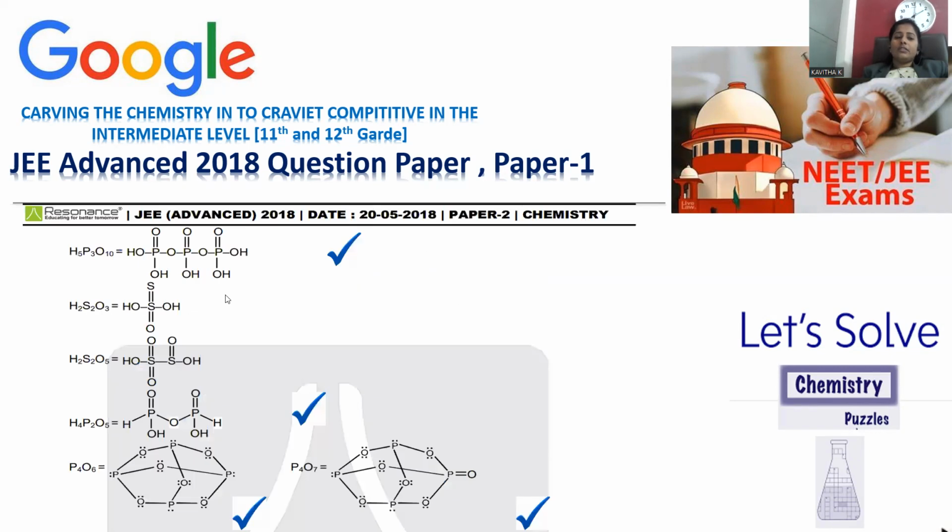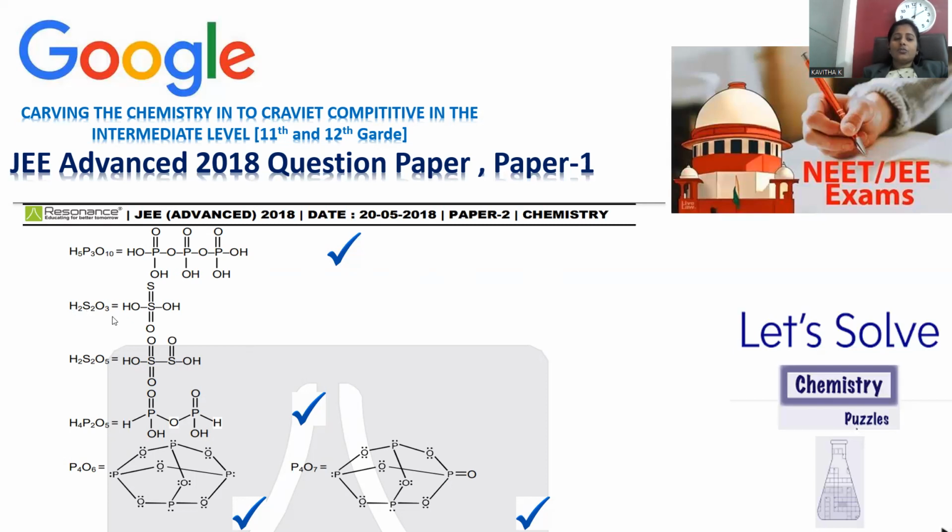Move on to another, H5P3O10. H5P3O10 is the compound where you find repeated phosphoric acid units. All the phosphoric acid units are repeated with ether linkage. That means oxygen is bridging. So if oxygen is bridging, what is our intention? That should be the answer of our question, right?